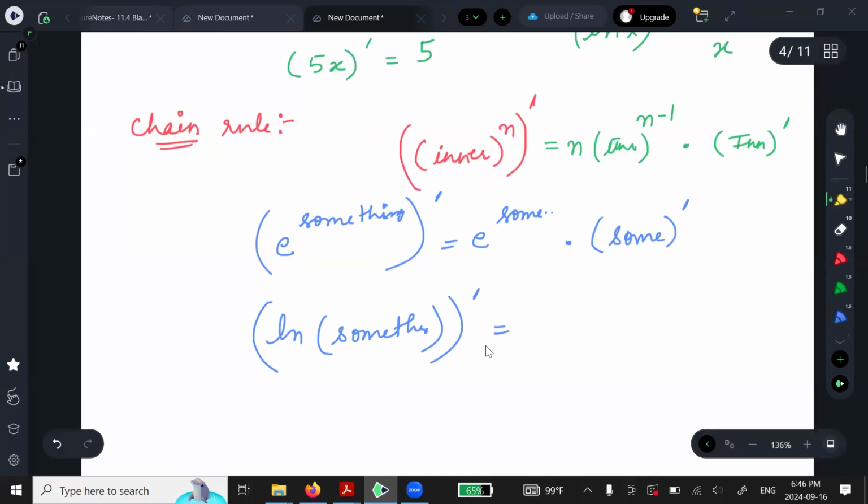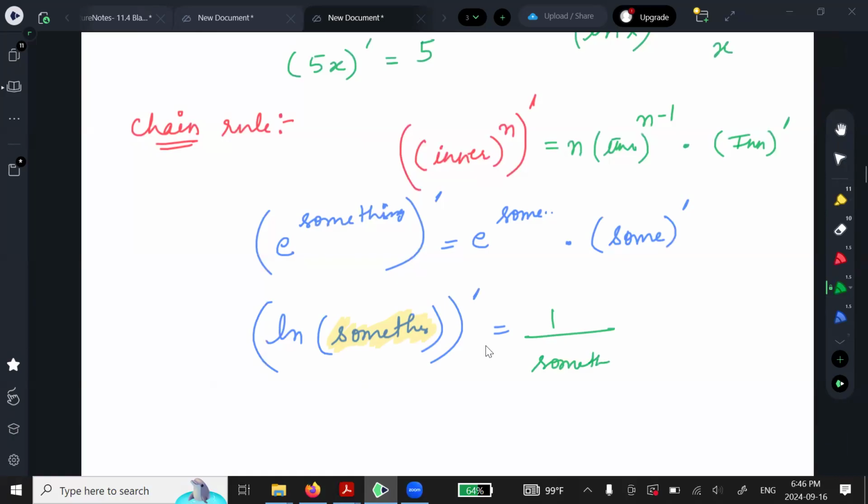Now this is where you are struggling. I saw a few today, and you kind of screw up this part. So be careful. The whole something goes to the bottom because that's the formula for ln derivative, right? But because that's not just x, what will you do? Multiply by something derivative. I have plenty of examples solved during lecture, or they're posted on Canvas.